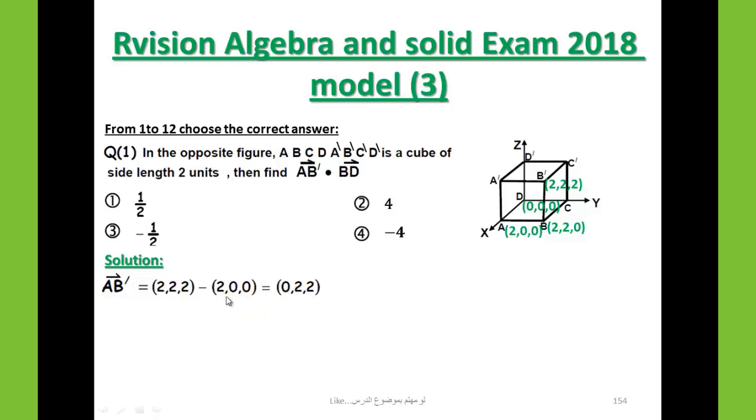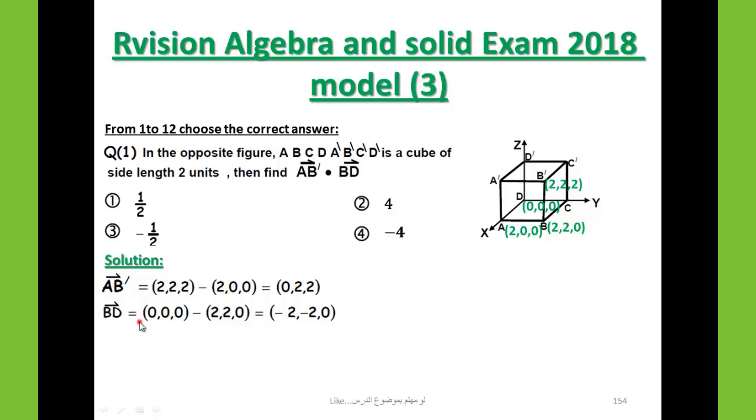Now we have to calculate B D. B D equals D minus B, and the coordinates of the point D is 0, 0, 0. Coordinates of the point B is 2, 2 and 0.